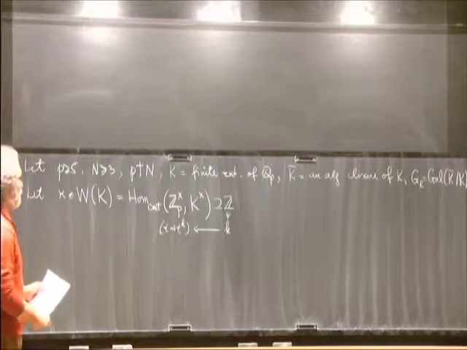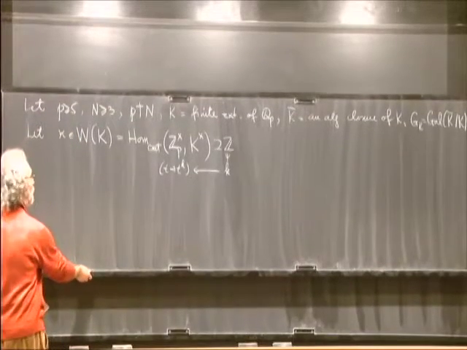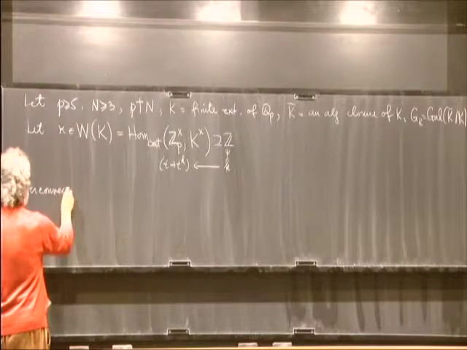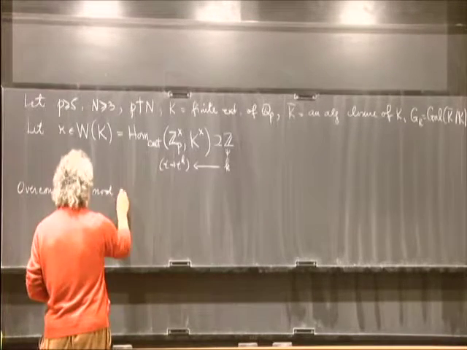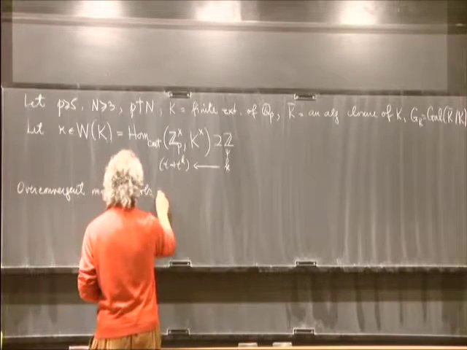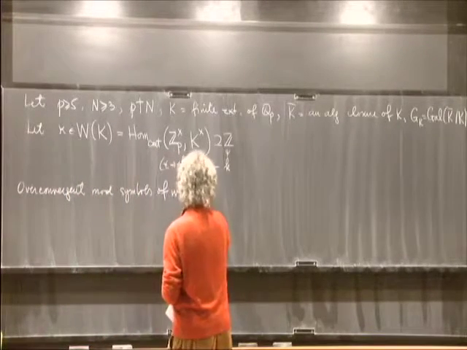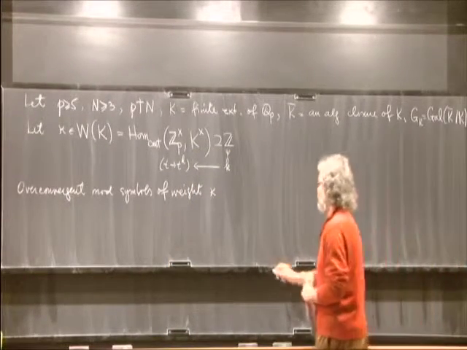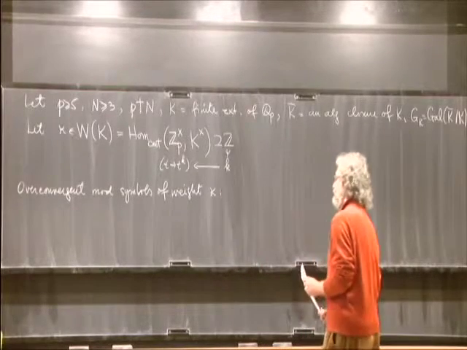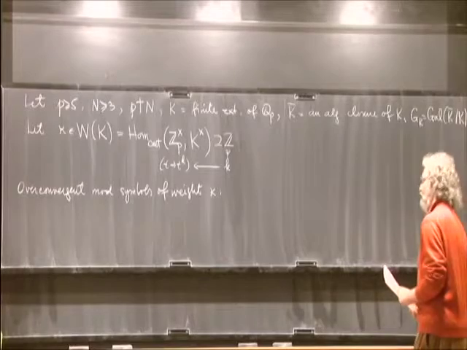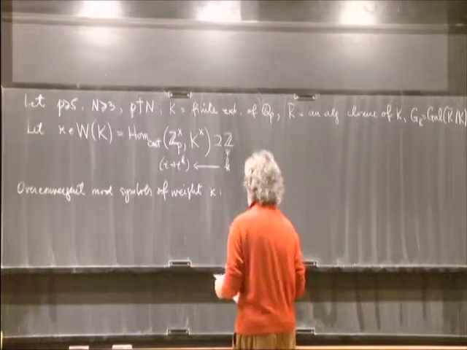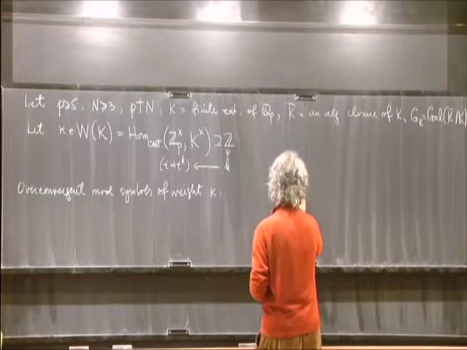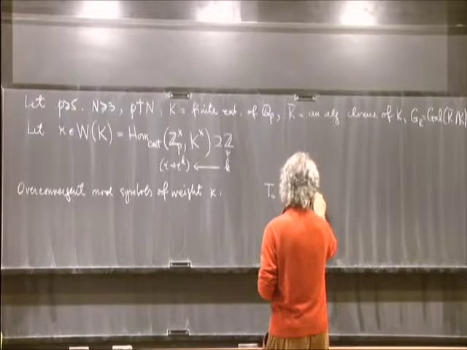Then I would like to remind you of a construction of an object called overconvergent modular symbols of weight k, or weight kappa that we fixed. This is a construction that Glenn Stevens has made and used in many ways. Let's fix T_0, Z_p star cross Z_p.